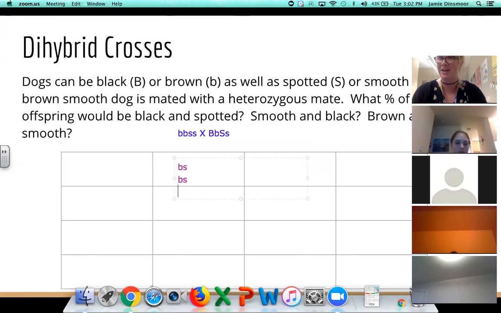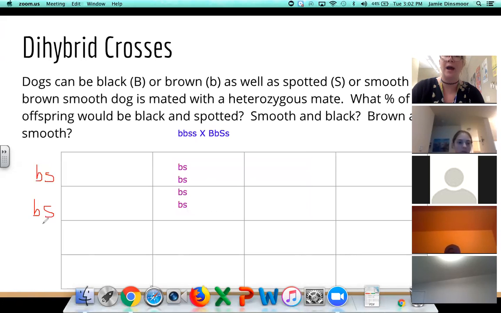You could get the second little b and the first little s, or you could get the second little b and the second little s, which in this case is the same. It won't be for the second dog, though. So for our first parent, we would write bs, little b, little s, for all of their potential alleles.